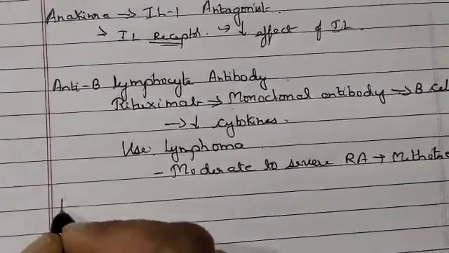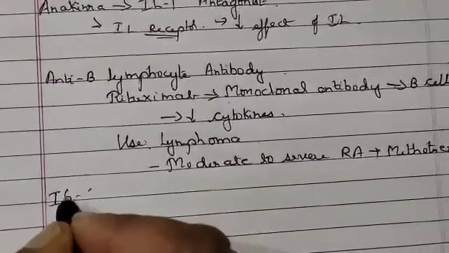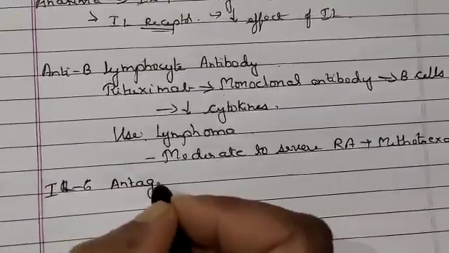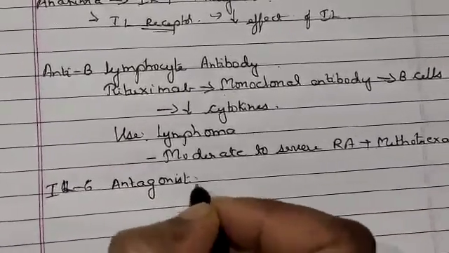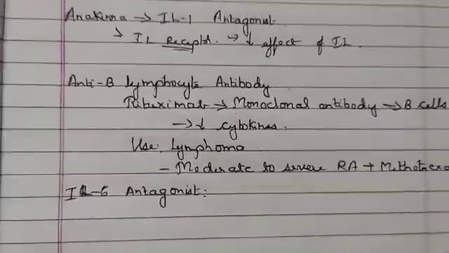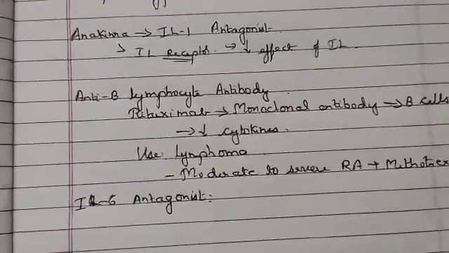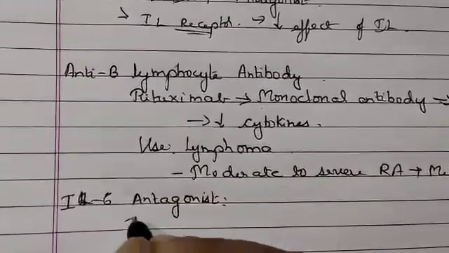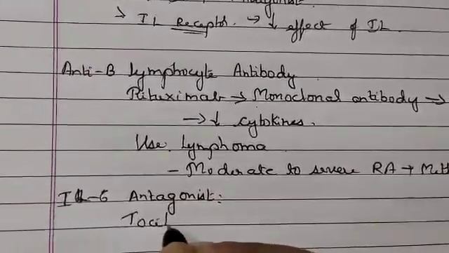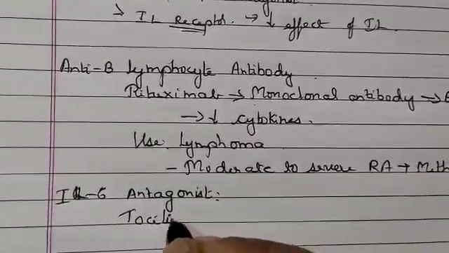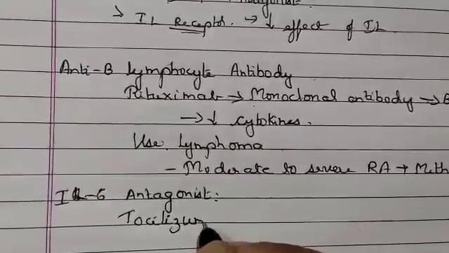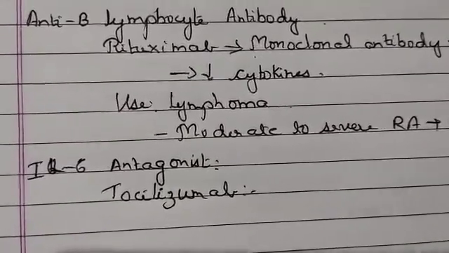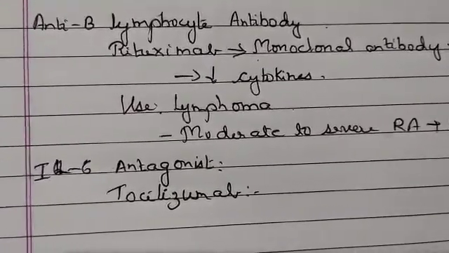The next class of drug is interleukin 6 antagonist. Antagonist means the agent blocks. An example of the drug is Tocilizumab. This is an example of an interleukin 6 antagonist.